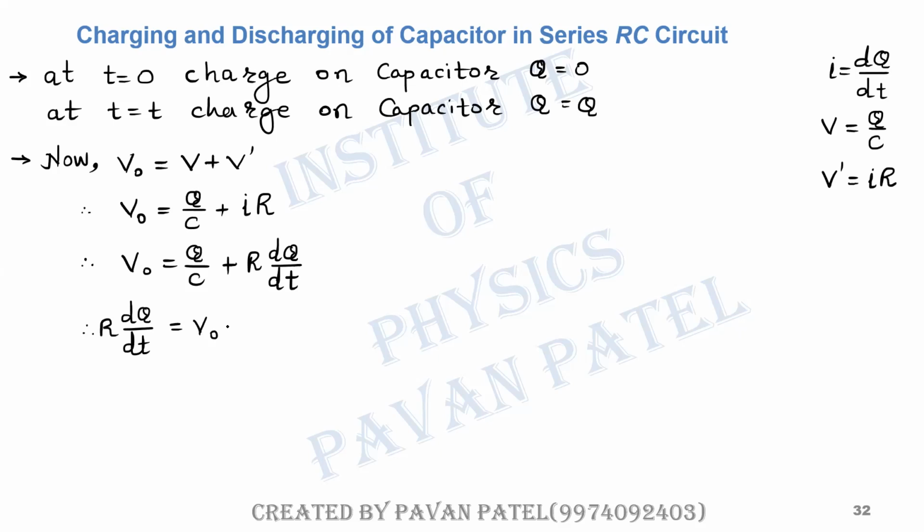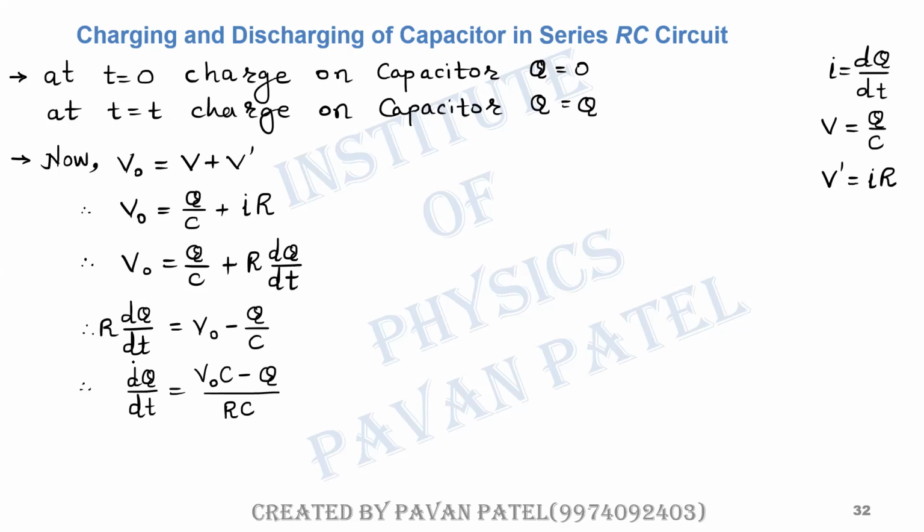That is V0 minus Q divided by C. So therefore dq by dt is equal to, C से LCM लीजिए, V0 into C minus Q divided by RC, right? V0 into C minus Q divided by RC.